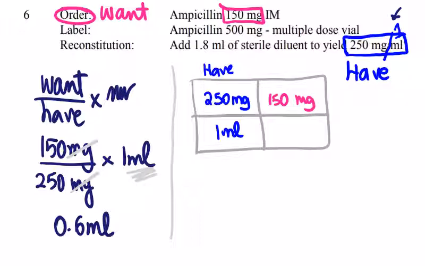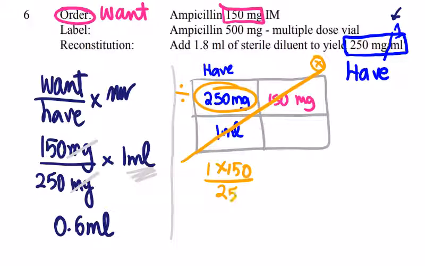So remember the diagonals. Main diagonal with two numbers, multiply those two, 1 times 150, and divide by the third quantity. In the end, it's the same calculation we have on the left-hand side. It's 150 divided by 250 multiplied by 1, or 1 multiplied by 150 divided by 250.